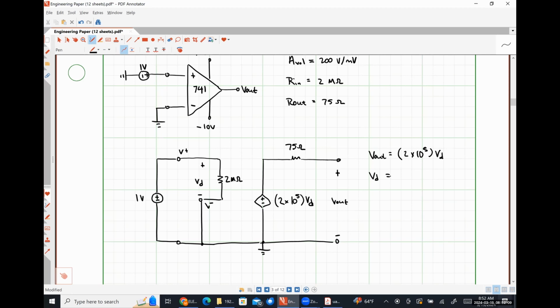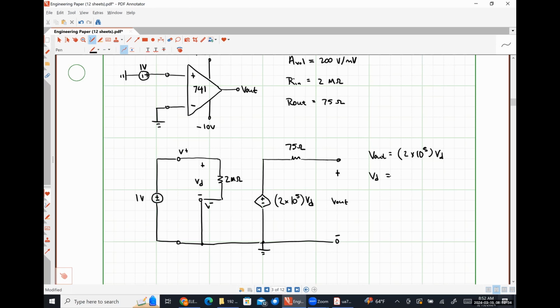Yeah, so just 1 volt, right? So the positive polarity terminal of VD is at the non-inverting input node. The positive polarity terminal of the 1 volt source is at the non-inverting input node. The negative polarity terminal of VD is at the inverting input node, which is tied to ground. The negative polarity terminal of the 1 volt source is also tied to ground.